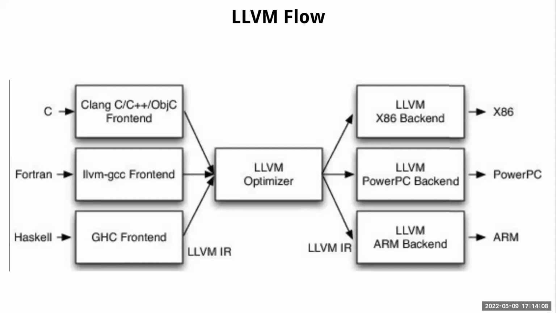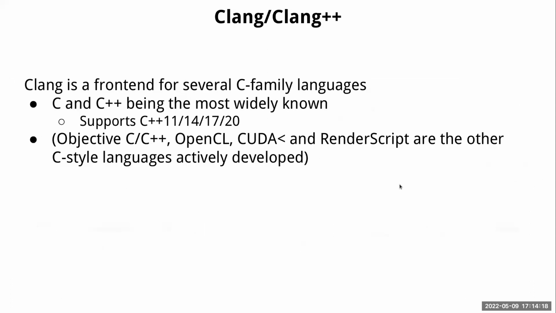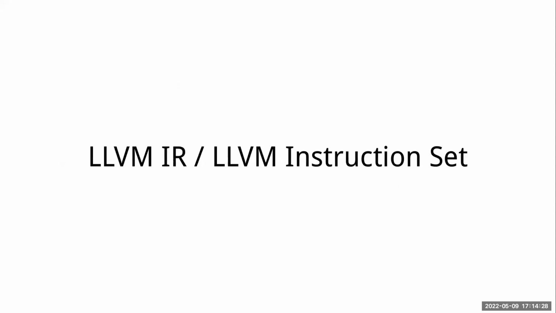That's usually what we do for some other projects. We mainly work on the ARM architecture. For the backend, we have all kinds of machine architectures as well. Clang is part of LLVM. It's a C and C++ frontend.